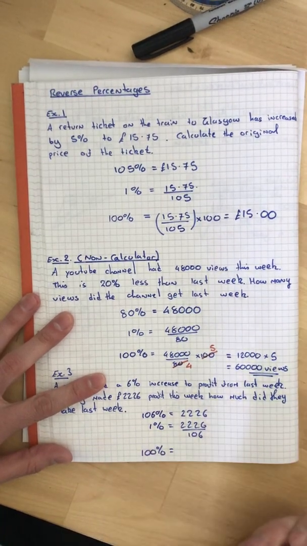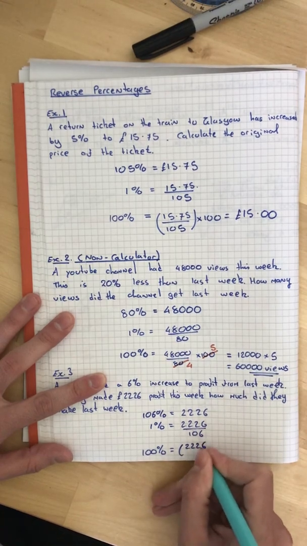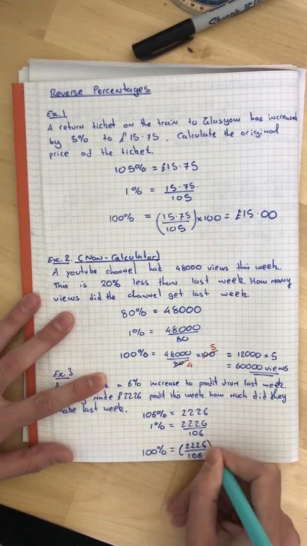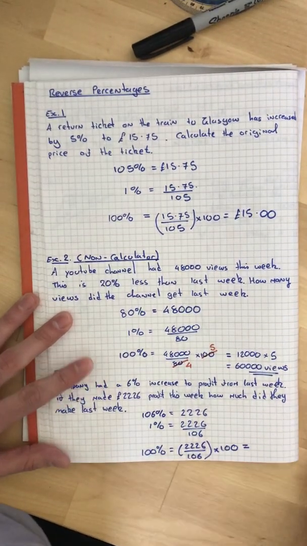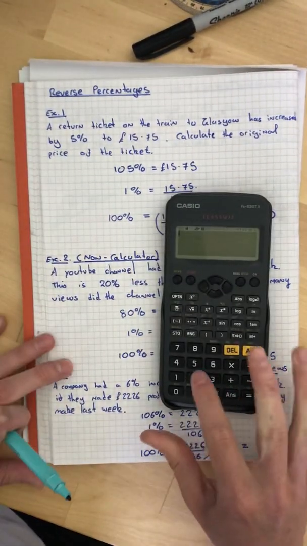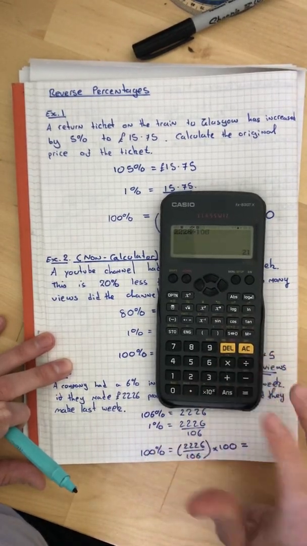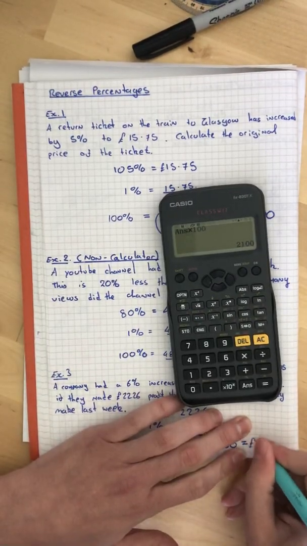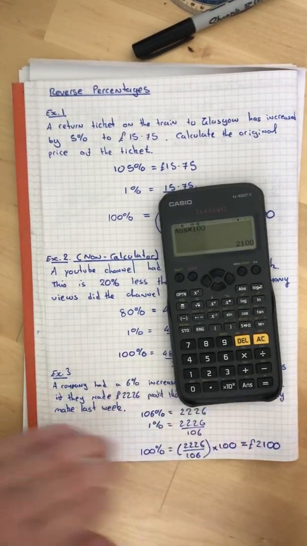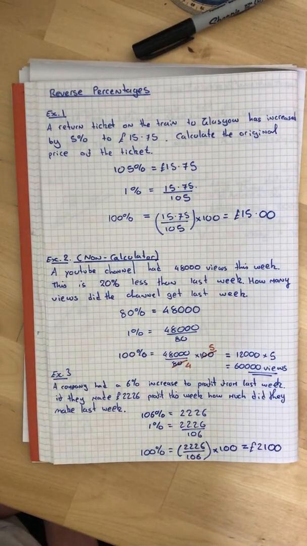So 100%, or last week's profit, will be 2,226 divided by 106 times by 100, which equals, we'll just do 2226 divided by 106 times by 100, equals £2,100. So that's how you do reverse percentages.